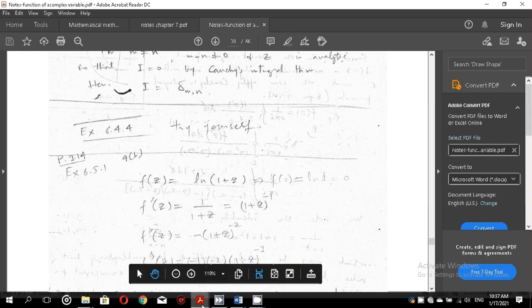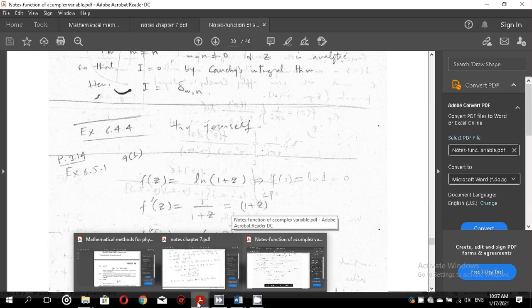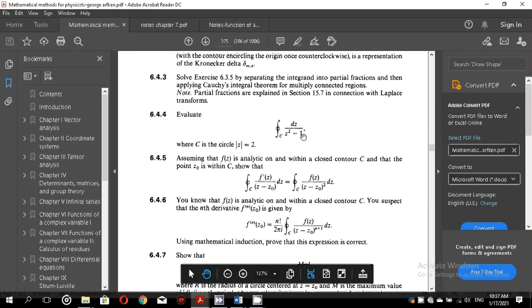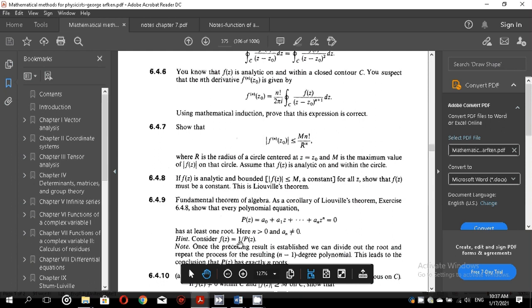Okay, now let me move on to the next exercise. You can find the solution of this exercise and the solution of all these assigned exercises, but this exercise is very important.